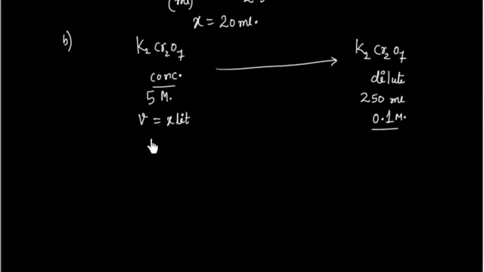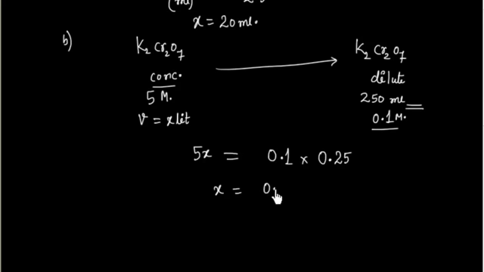So we have already said moles of K2Cr2O7 in concentrated solution is the same as moles of K2Cr2O7 in dilute solution. Moles here is 5 into x, and moles here we have 0.1 into 0.25, converting milliliter to liter.